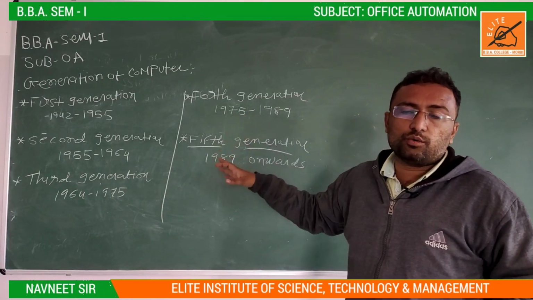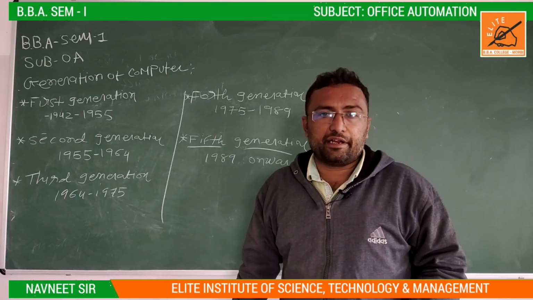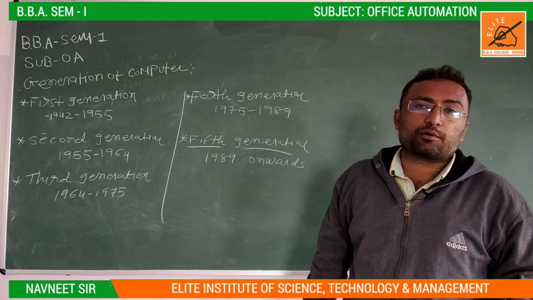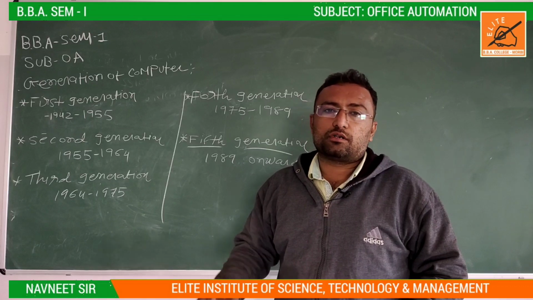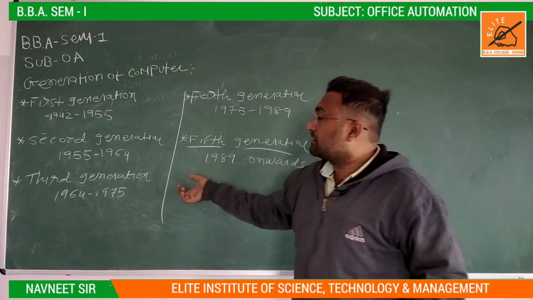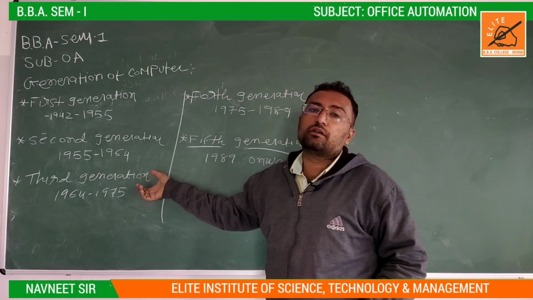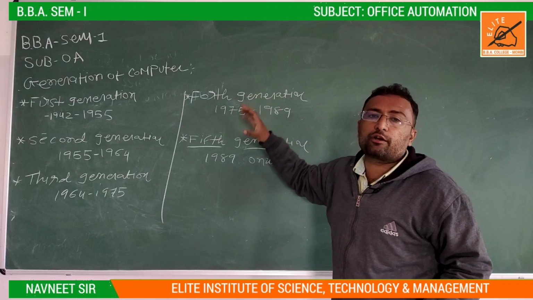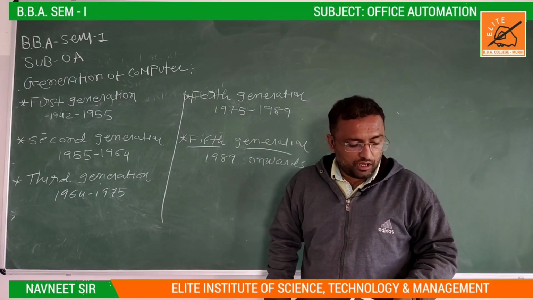The revolution of the microprocessor reduced the size of the computer and its cost. Because in third generation computer, for different operations you need different circuits. In fourth generation computer, one microprocessor is there, it reduces the cost and the revolution begins.